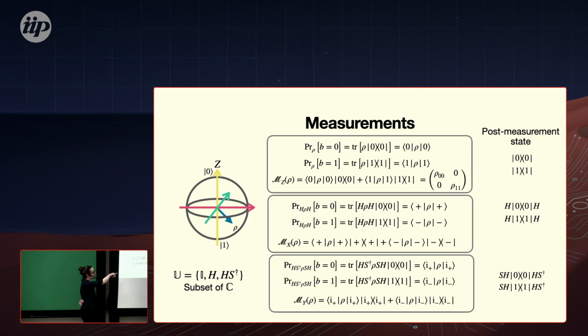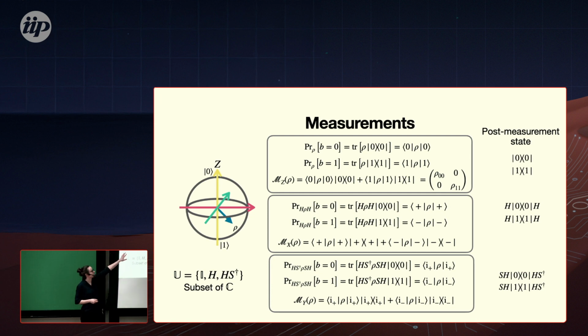And we can define 3 measurement channels here. They're always characteristic to the measurement ensemble that you chose. In the Z case, a channel is again a linear object that takes in operators and spits out operators. So it's again a linear function on the space of linear functions of the Hilbert space.